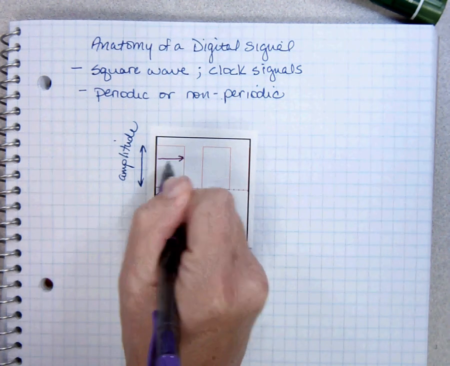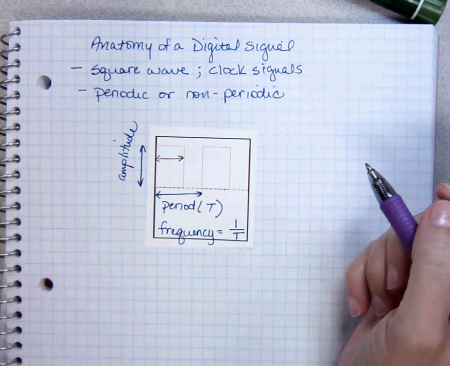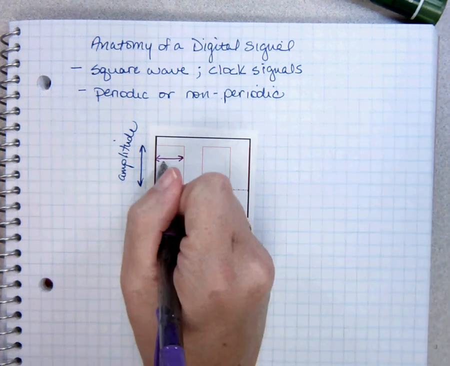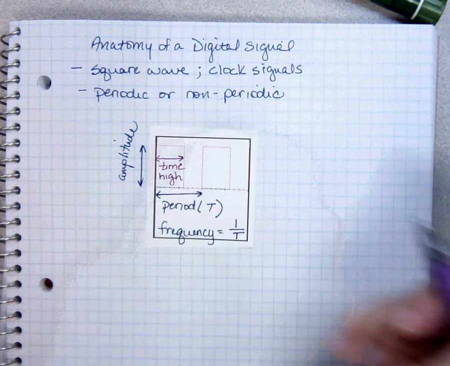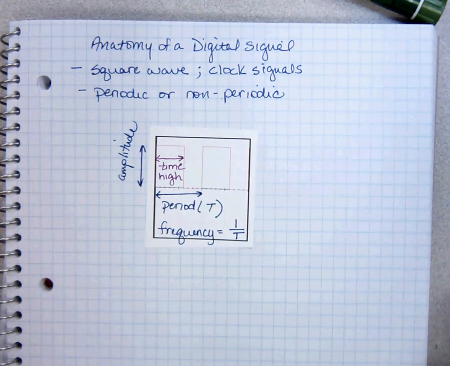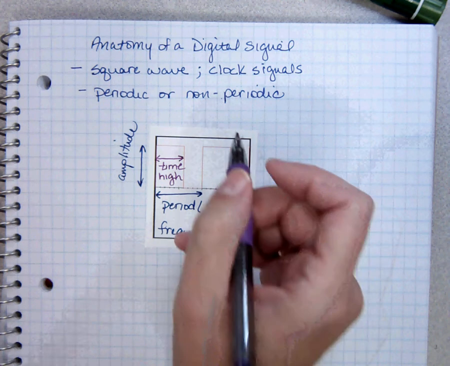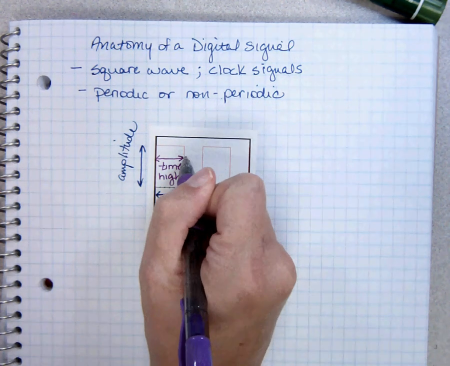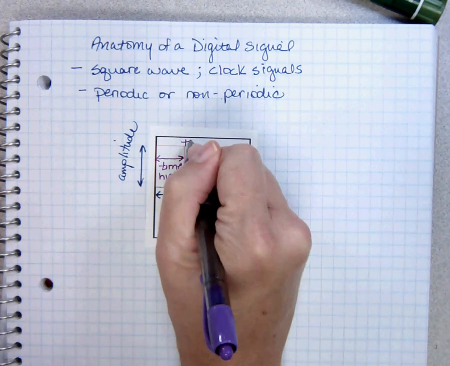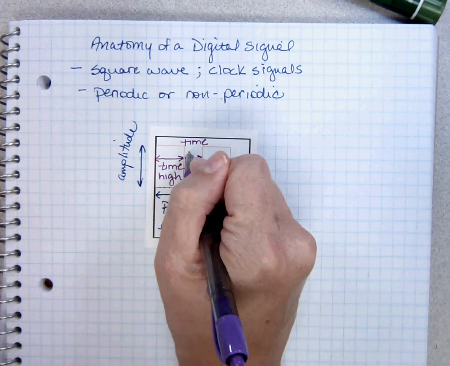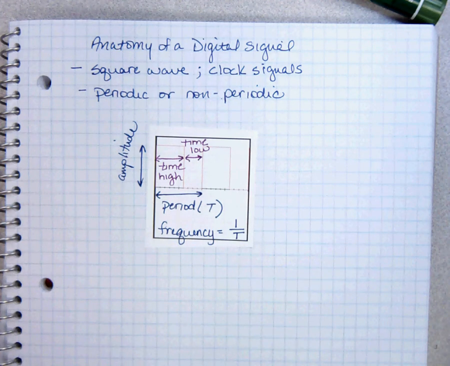Okay, a couple other terms that you don't see in the analog world. When your digital signal is at a high, or 5 volts, we call this time high. So it's the number of seconds that it's at a high value, or a 5 volt value. Then we have this period of time where it's at 0 volts, and surprisingly enough, it's called time low. So it's the time that it's at a low value, at 0 volts.